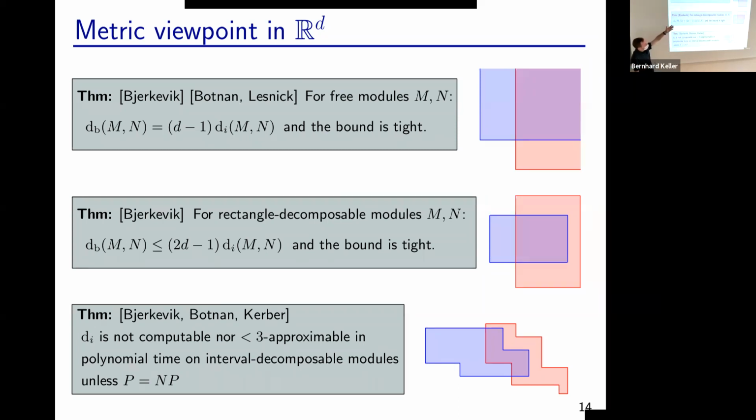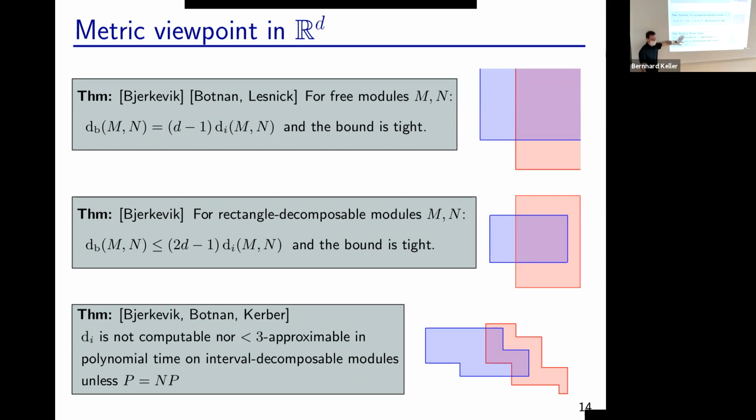And now, of course, this is for three modules. If you go to slightly more general interval decomposable modules, namely the rectangles, the modules that decompose into rectangle summands, then things get even worse because the upper bound is 2d minus 1. In fact, the upper bound is not known for general interval modules, and of course for general persistence modules we don't have it so far. But what is proven is that you cannot either compute nor even approximate the interleaving distance for general modules over R^n within a factor greater than 3 in polynomial time.